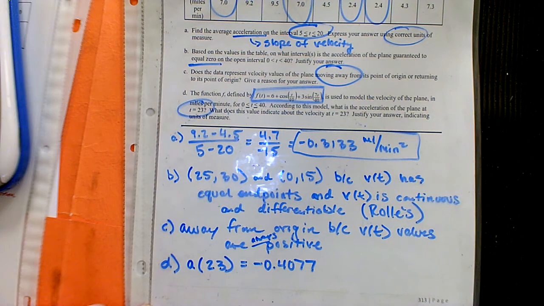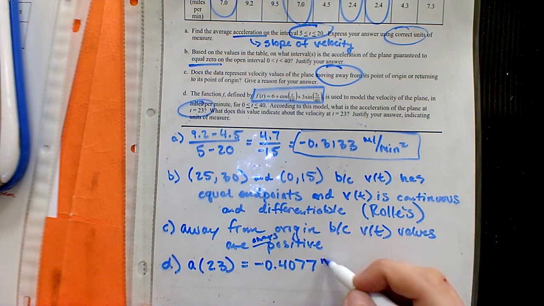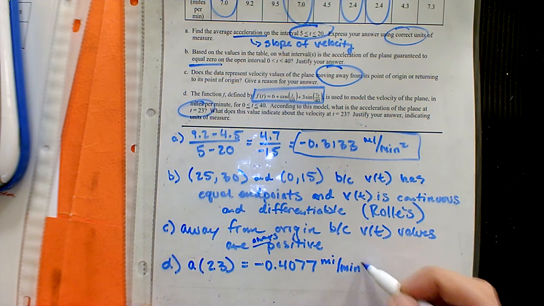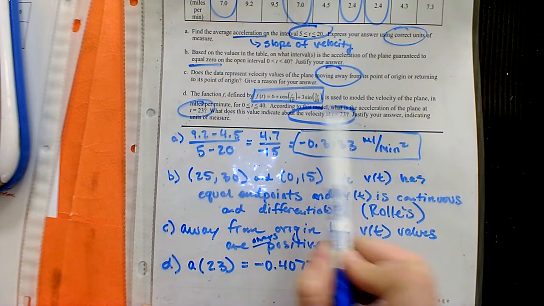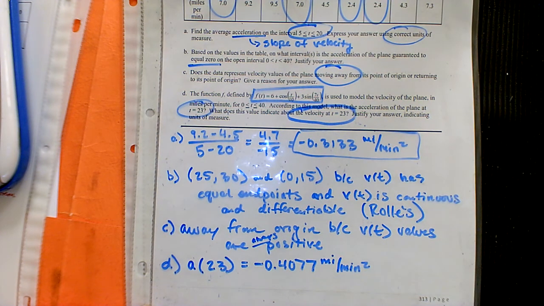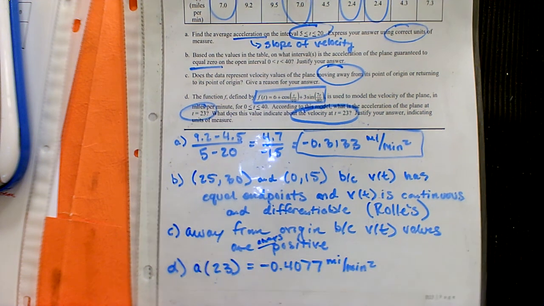Can we put units? Miles per minute squared. Okay, so there's our value. What does this value indicate about the velocity at this time? Decreasing, right? Acceleration is the slope of velocity. And if your slope is negative, then your velocity is going down, aka decreasing.